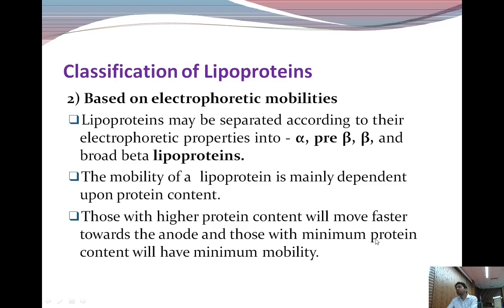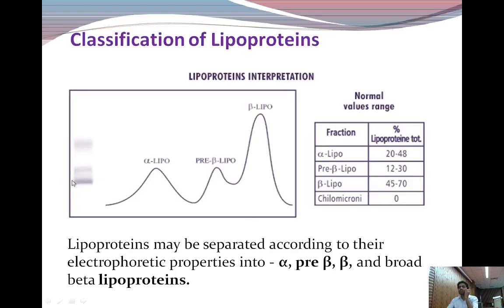So it will move slower if protein is less. This is like an electrophoretic band, an electrophoresis slide. Suppose you are putting the sample here, it will start moving like this. Once it moves, with the help of a densitometer it can be made into a graph. So lipoproteins may be separated according to their electrophoretic property into alpha, pre-beta, beta and broad beta.